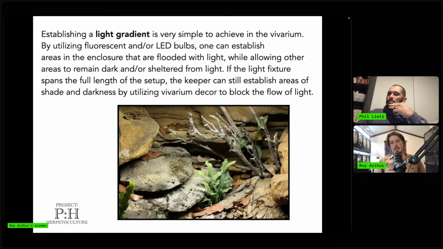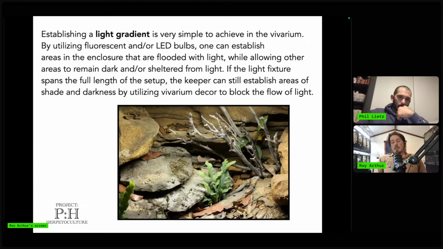So I like to use this photograph as a depiction of this, because this is actually a pretty brightly lit enclosure. The bulbs that I used in here are an Arcadia T5 for UV and an LED supplemental for the plants, in addition to a little halogen for a basking area.